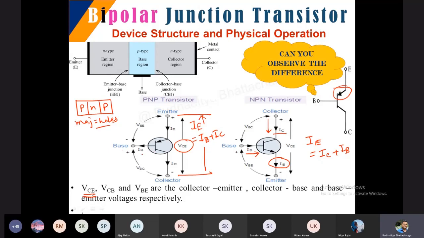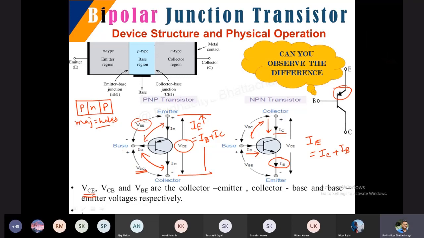Similarly, the drop across the base to collector is given by VCB, the collector to base voltage. In terms of NPN, it will be like this. The other one is VBE, which is the emitter to base voltage.